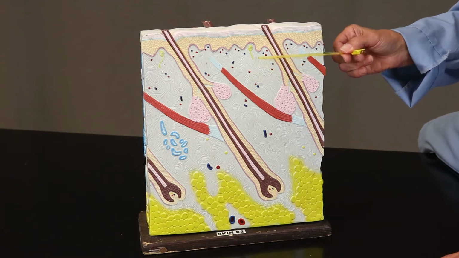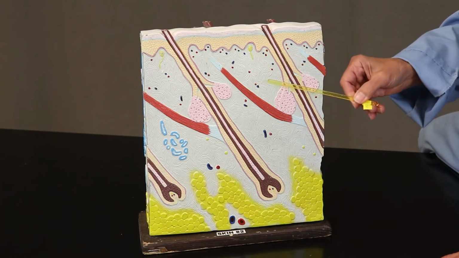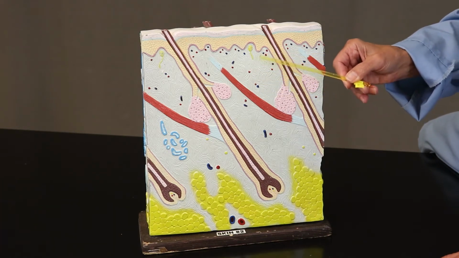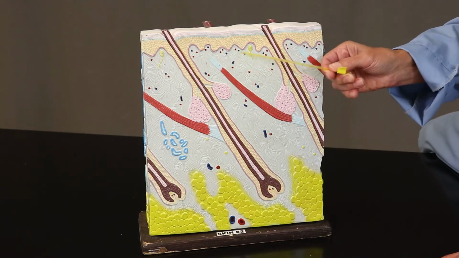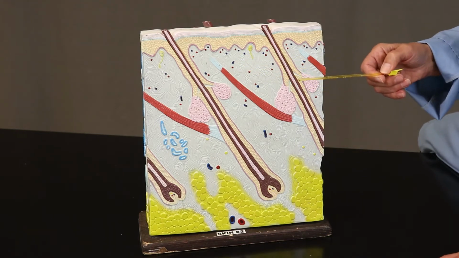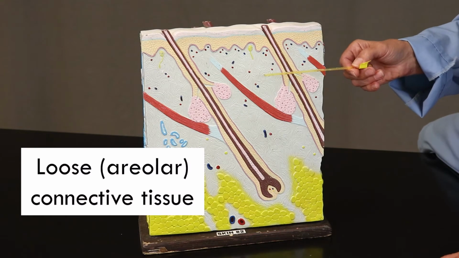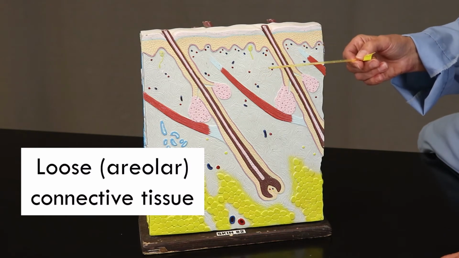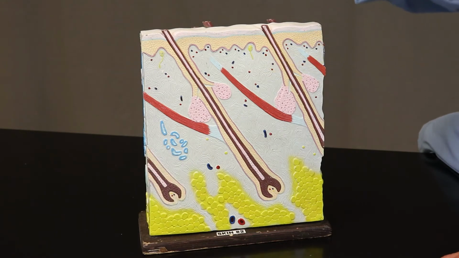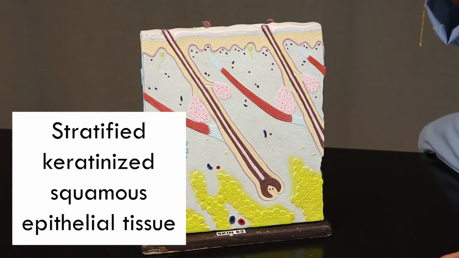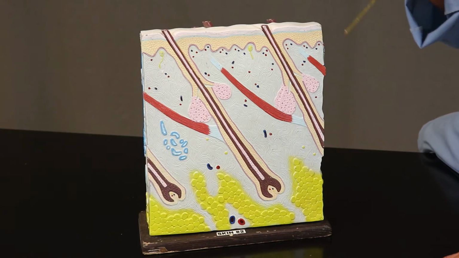The uppermost part of the dermis, where we can see more of the blood vessels poking through in red and blue, is made up of loose or areolar connective tissue, and it is immediately below the epidermis, which is made up of stratified, keratinized, squamous epithelial tissue. And we'll zoom in on that in a second.